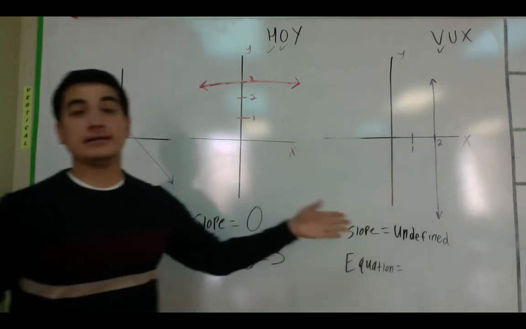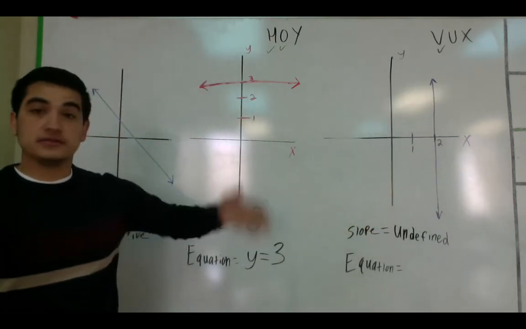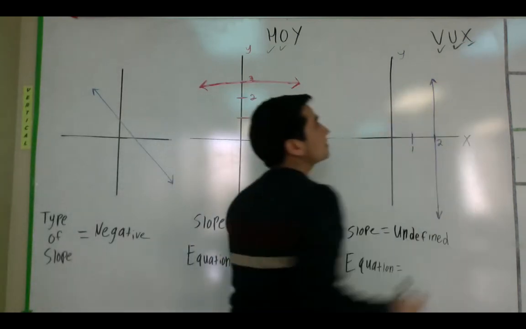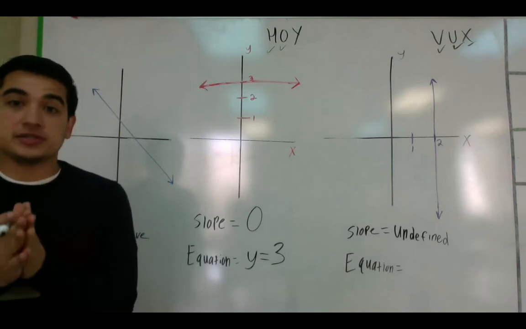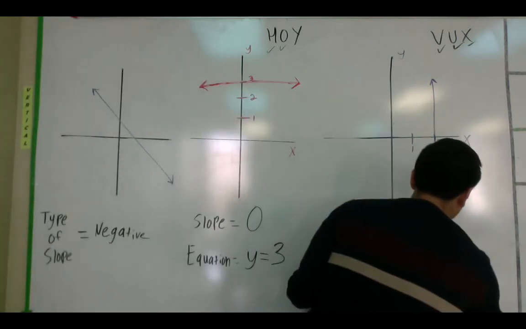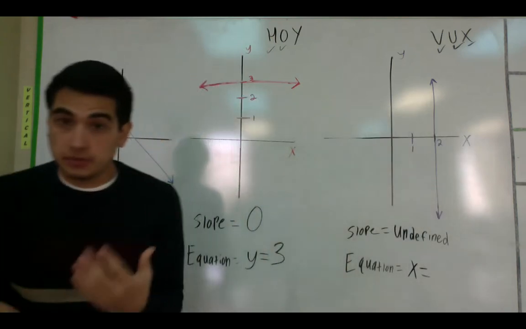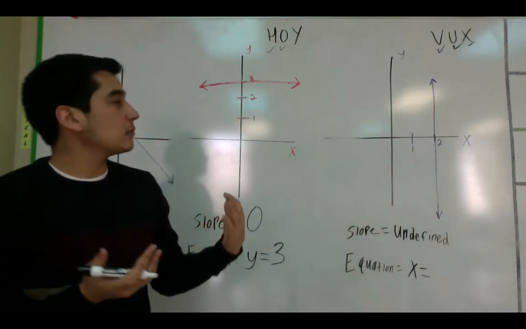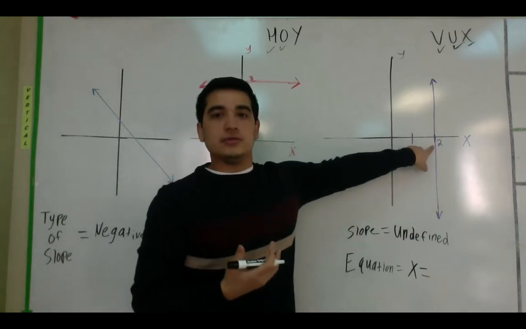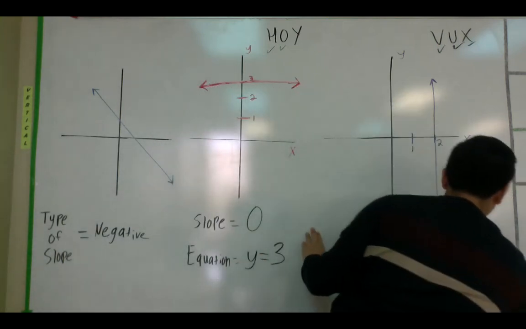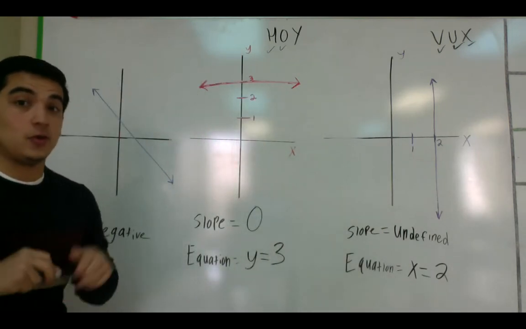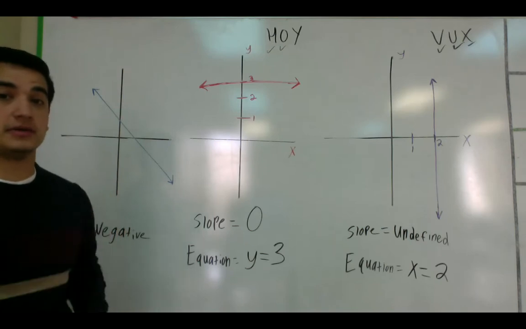Okay, this is an undefined slope because it's vertical. So that's the U. The X, the last letter, again, tells me about the equation. So since it's an X, that means my equation is x equals some number, right? And since it's X, we're going to look for our x-intercept, which is 2. So I get x equals 2. Okay, so that's it. That's the special cases, hoi and vux, okay?